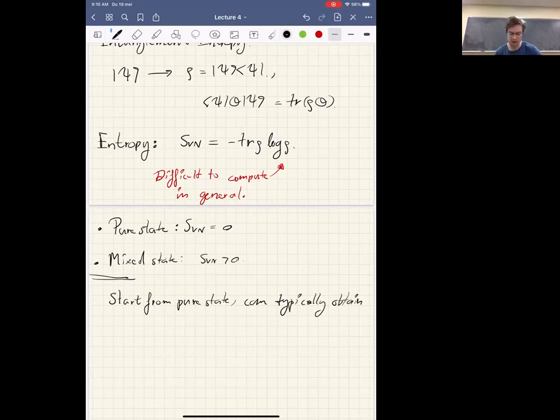What I mean by typically will be clear in a moment. Tracing out degrees of freedom outside of the subsystem.